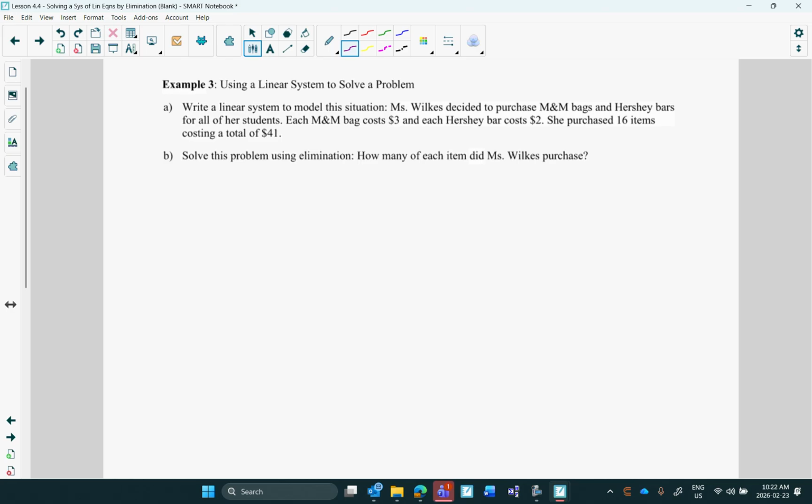So out of all of that, I have to make a system, 2 equations. What are our unknowns? The amount of M&Ms and the amount of Hershey bars. Just to be a little different with the letters, I'm going to do M and H. You could do X and Y, it's fine. What are our 2 equations?